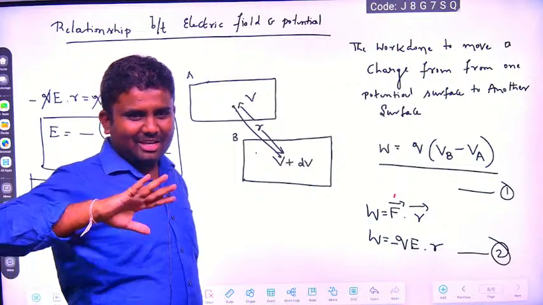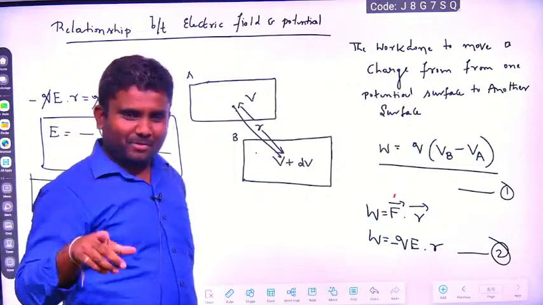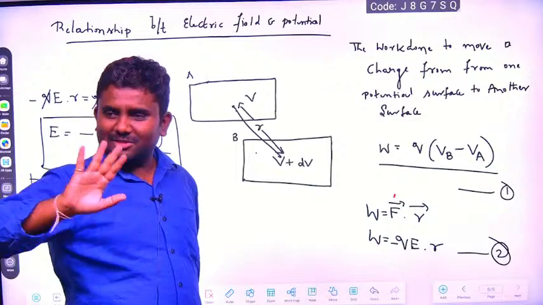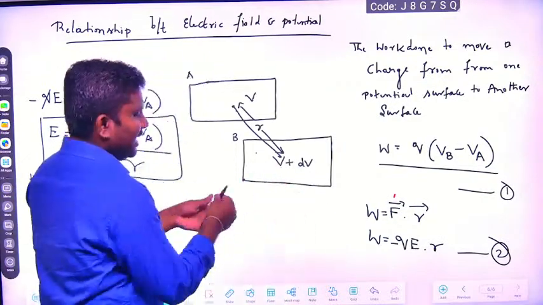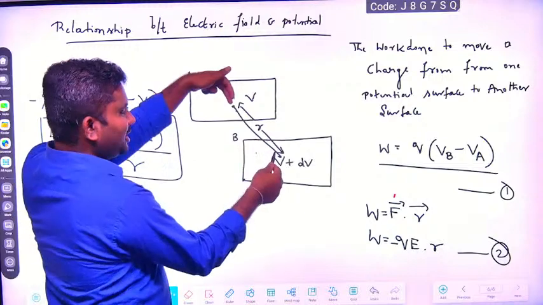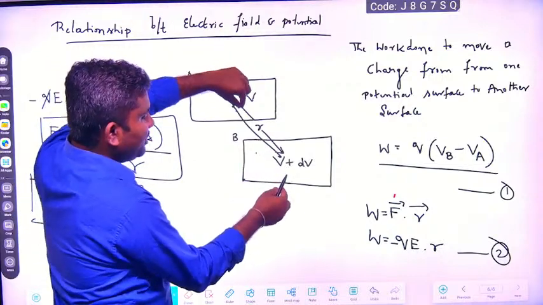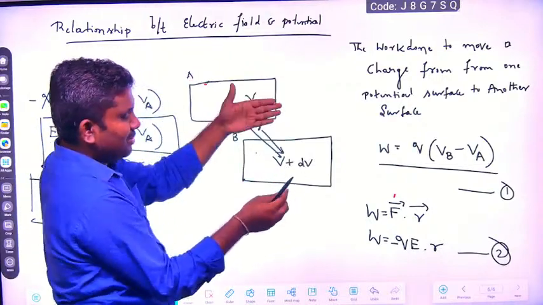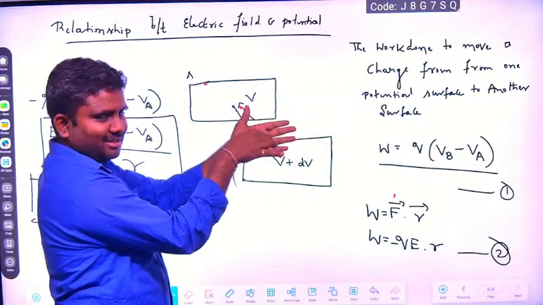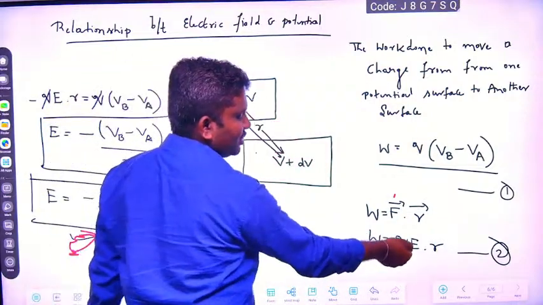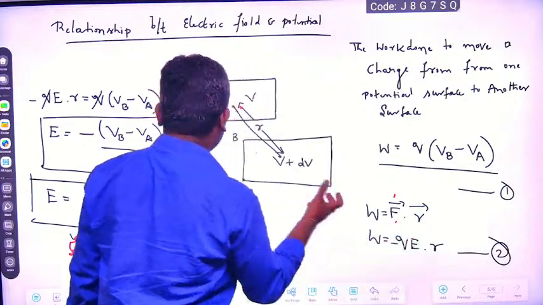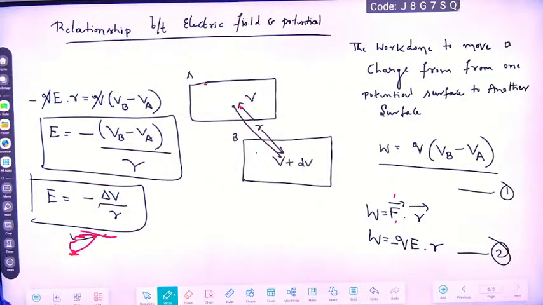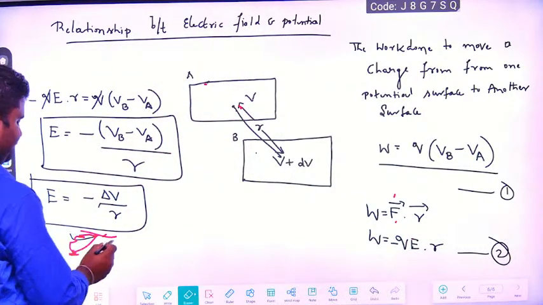Electric field lines are always perpendicular, normal to the surface of an equipotential surface. So they are normal, and the electric field lines will be somewhere like this. Now the point charge I am bringing from one plate to another plate, the electric field lines will be like this. That's why the work done is F into R, force into displacement. Force is Q into E, so work is Q into E into R. Just combine both and you will get the answer. This is easy.